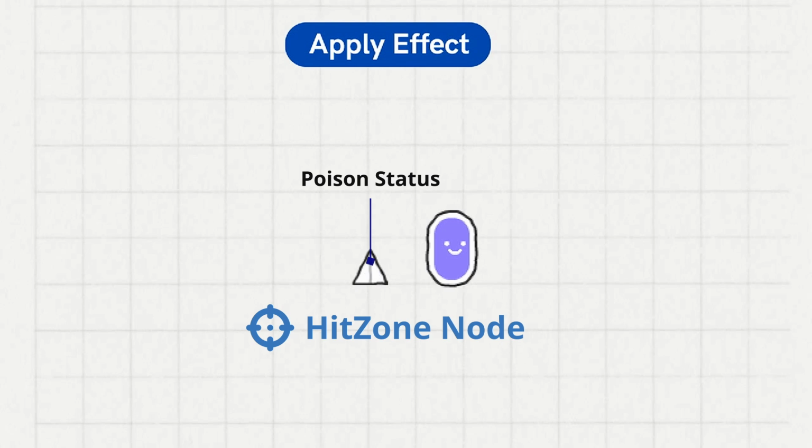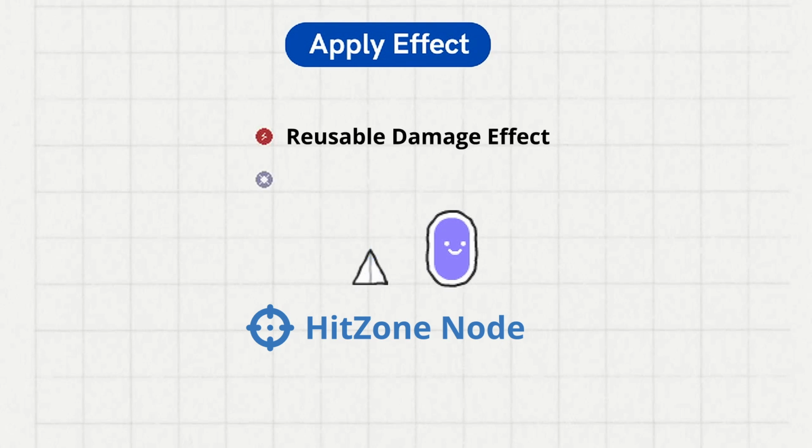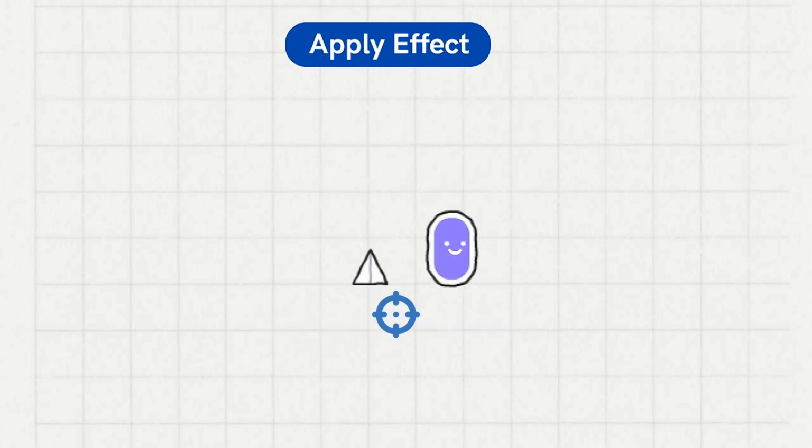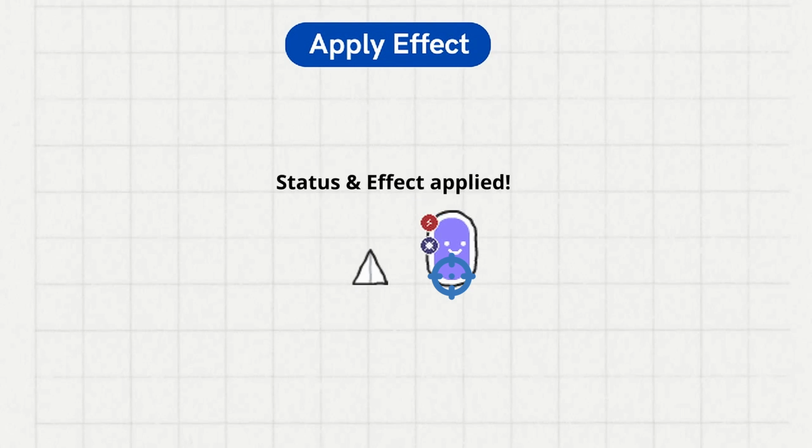This plugin is designed to decouple effects from specific objects, allowing for the reuse of the attached status to character pattern. This eliminates the need to write or inherit code when creating effects. Simply create the effect and it will be automatically applied to objects tagged for detection by the HitZone.